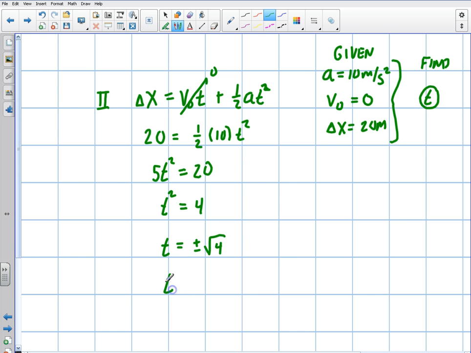So t is plus or minus 2. And of course we're just going to take the positive 2 from that, right? We talked about why we would even have a negative before. That's how you would solve it. That's really easy, right? I mean, there's no quadratic equation. There's nothing going on there. So that's that situation.